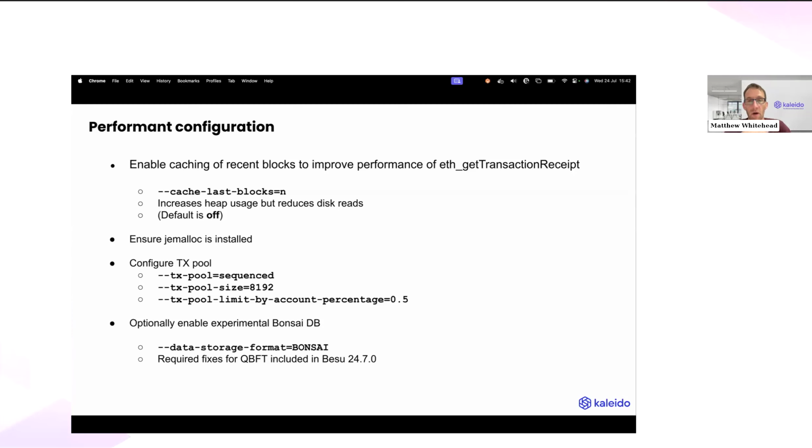We don't run with it in production systems yet because it's still being proved out. It's only recently, like I say, in 24.7.0, that fixes to make that work were included. So only very recently have we started to see that it's fairly stable. But we've got some numbers in these slides which show what happens if you use the Bonsai DB format instead of the Forest DB, and the benefits from some of the state reads that take place.